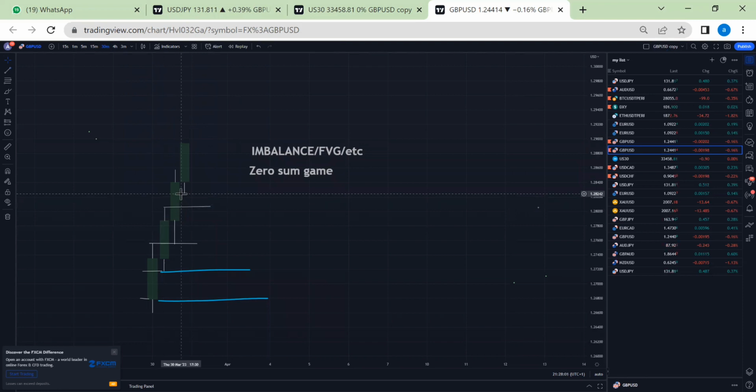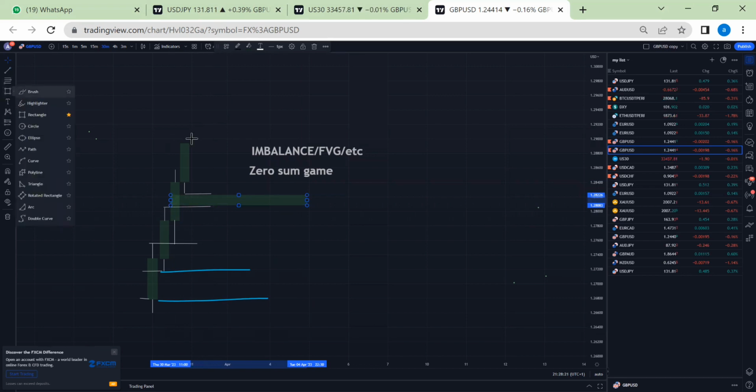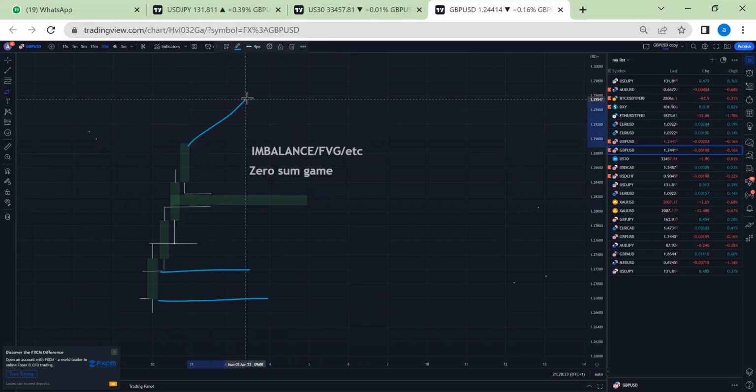So it has left an imbalance. This middle is what we call imbalance. This place consists of pure buyers, so there are no sellers here. If price leaves it open like this and moves up without filling it, in the future we'll be expecting price to come back into that imbalance to fill it up, just because markets consist of buyers and sellers.